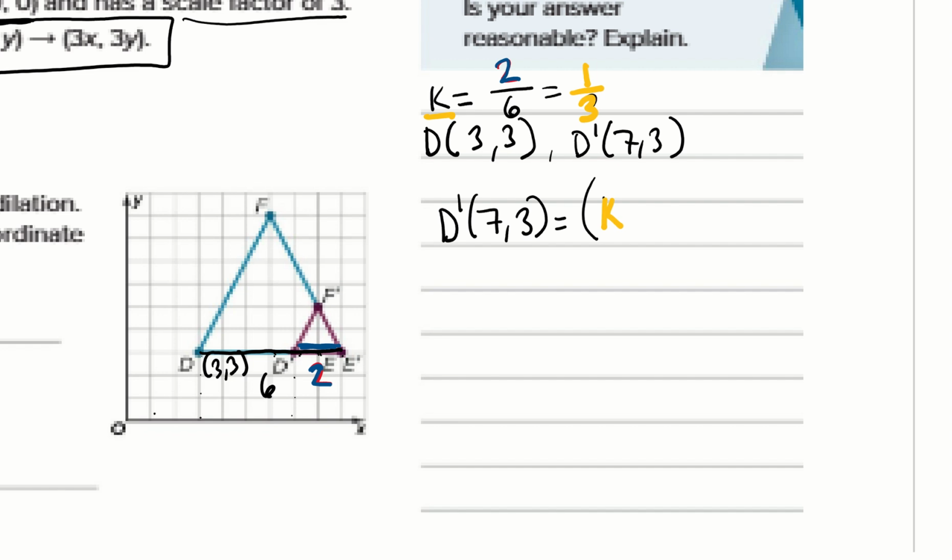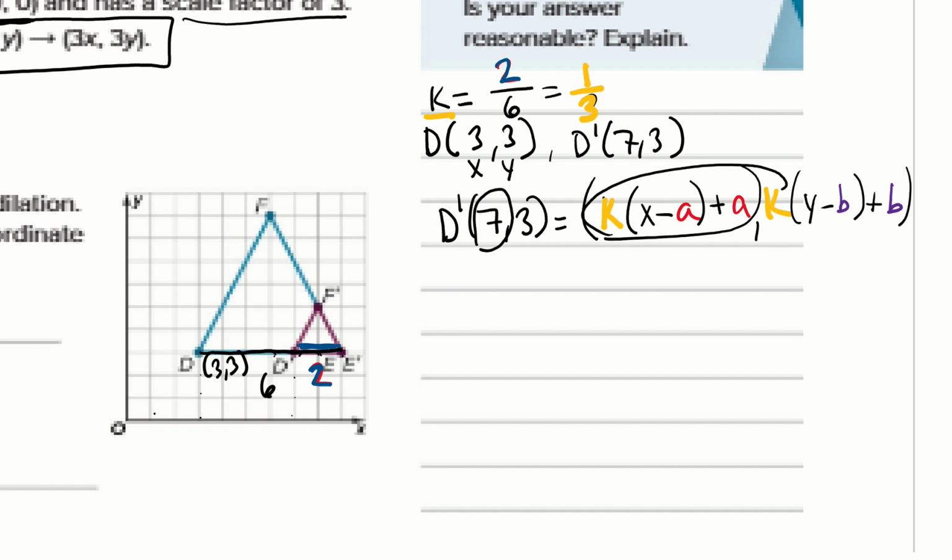So we got D prime equals K times parentheses X minus A, plus A, and then K times parentheses Y minus B, plus B. Now this is going to be my X, it's going to be my Y. Remember, we don't know what A is, and B is what we're trying to find. So we're going to set these equal.